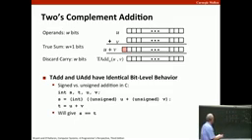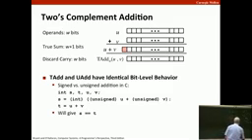And then going the other direction, if we had two large positive numbers, so if we had 7 and 5, we'll get minus 4.